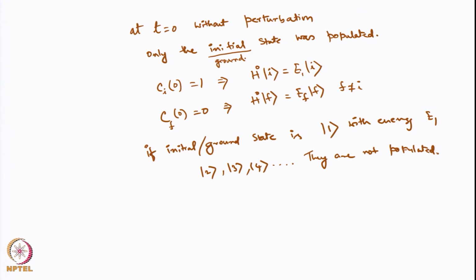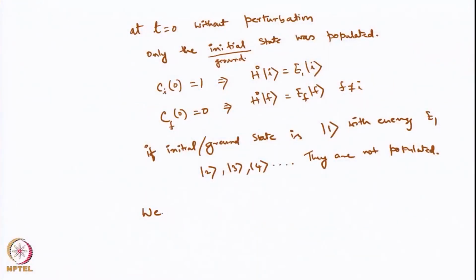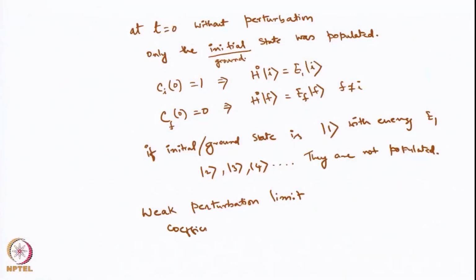Now let us consider a weak perturbation limit. What does the weak perturbation limit say? Under such a limit, we will assume that even when you switch on the perturbation, the coefficients do not change too much.